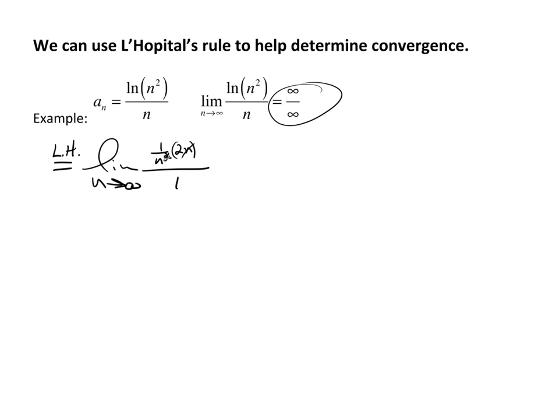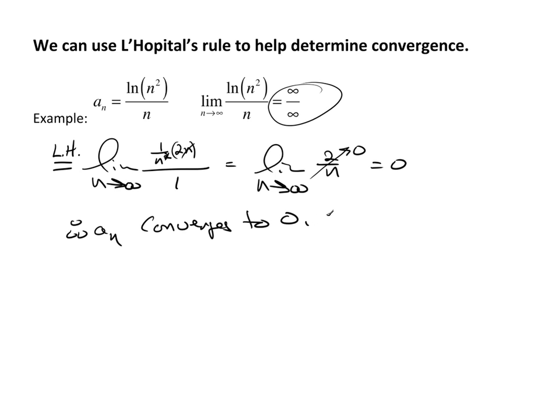Well, this n will cancel, so what I end up with is the limit as n goes to infinity of 2 over n. That will go to 0. Therefore, a_n converges to 0.